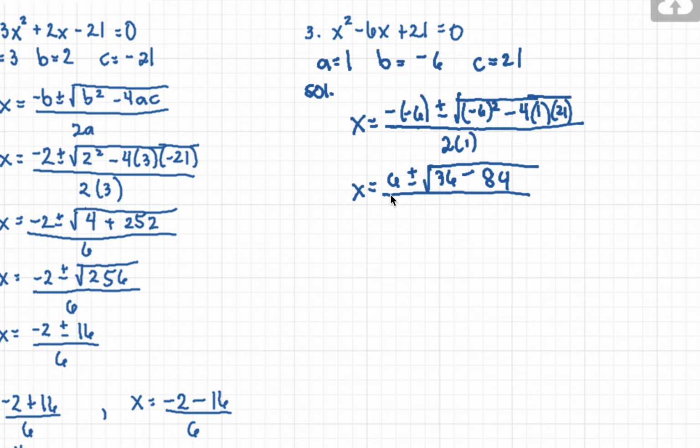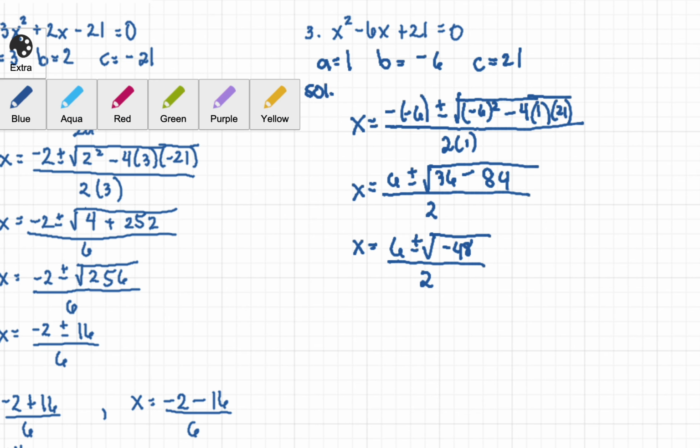Okay, all over 2a. So 2 times 1 is 2. And then next we have 6 plus and minus the square root of. So what is 36 minus 84? Okay, so yes, that's negative 48 over 2.